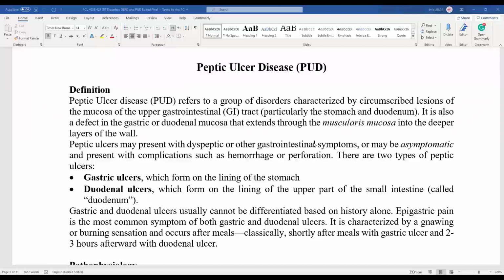Peptic ulcer disease refers to a group of disorders characterized by lesions of the upper GIT, particularly the stomach and the duodenum. It usually starts with the duodenal mucosa and then can go through the muscularis mucosa into the deeper layers of the wall.